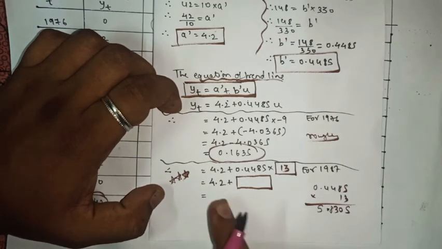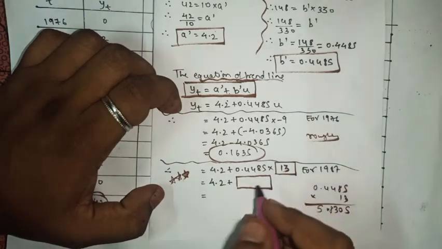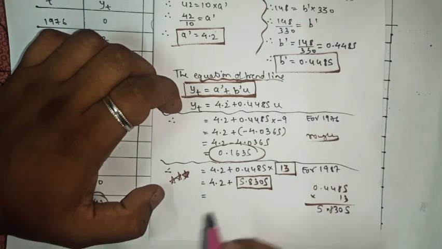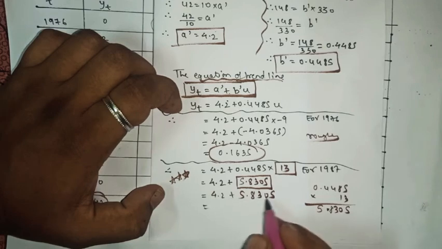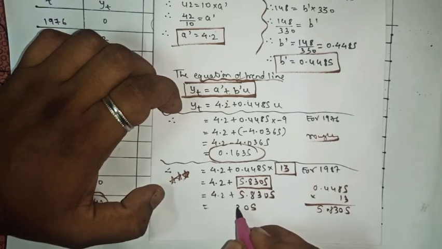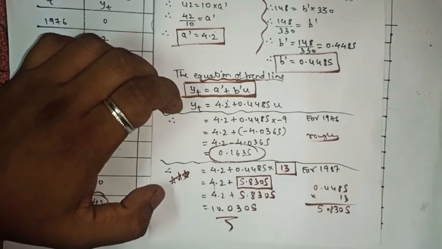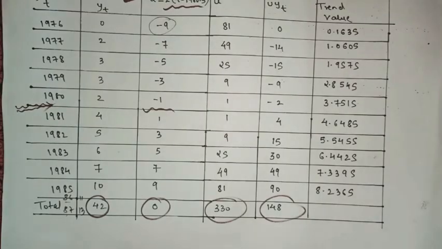Okay, so you will add this with 4.2, so you will get this part. I will write here 5.8305. So 4.2 plus 5.8305, so you will get 10.0305. So the final answer will be what, 10.0305.